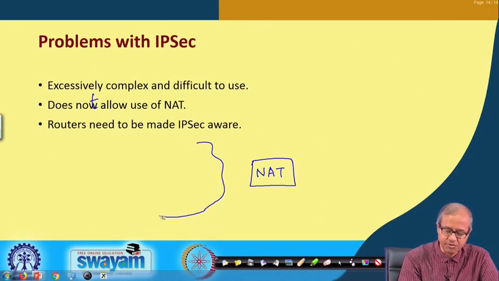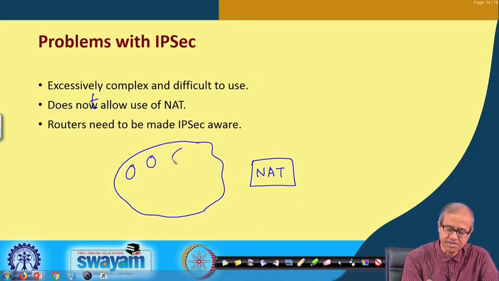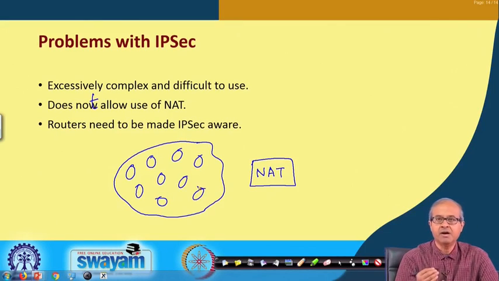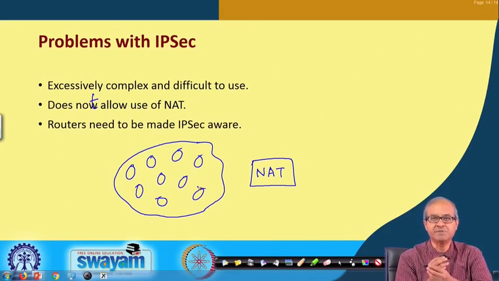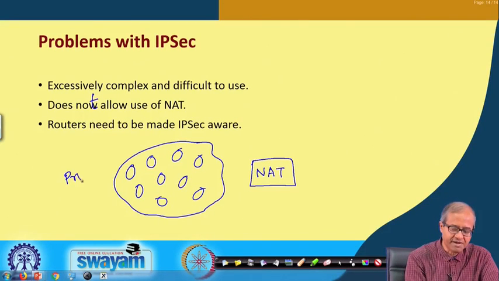Think of a scenario: you have an organizational network, and there are many computers sitting inside. I have talked about IP addresses, IP address classes. Let me take a specific example of our institution. At IIT Kharagpur, we have thousands of computers inside our network, and inside our network we use private IP addresses, because private IP addresses are available in plenty.